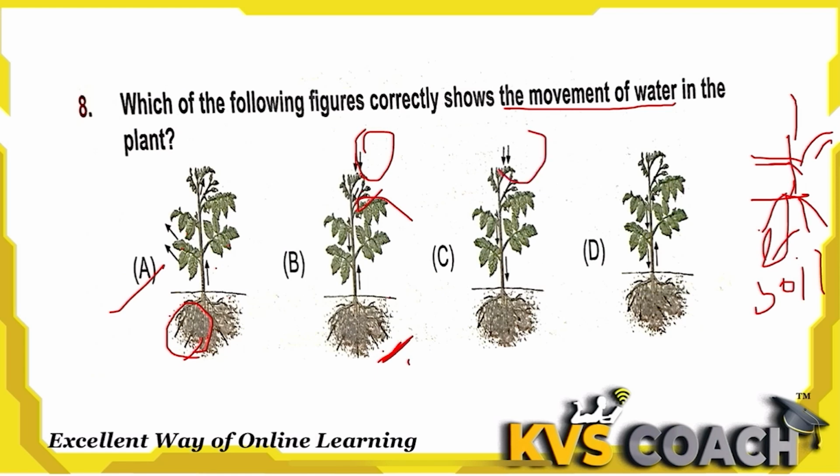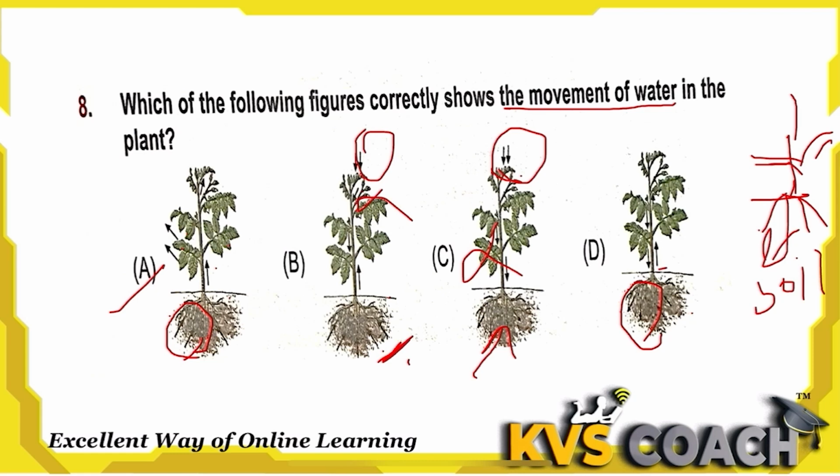Third one also shows that water is absorbed by leaves from the air. This is totally wrong. Water is only absorbed by the roots of the plant. This is also a wrong picture. Next picture shows water is absorbed from the soil, and here you can see the arrow, water is also secreted by roots.